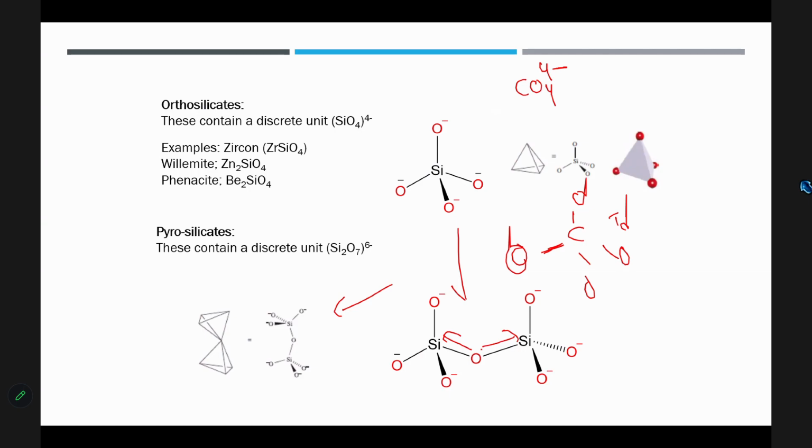Graphite is quite reactive, much more reactive than diamond, because of the geometry. What is the hybridization in graphite? Can someone tell me? sp2.